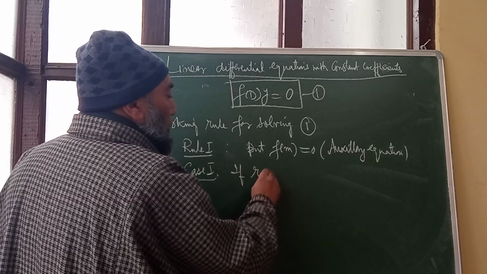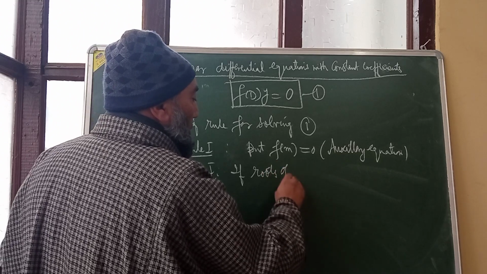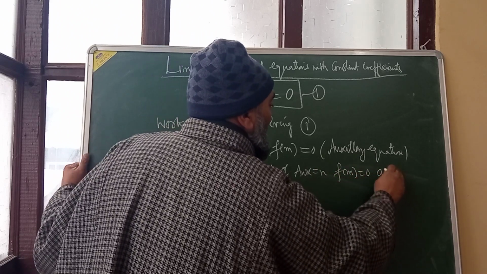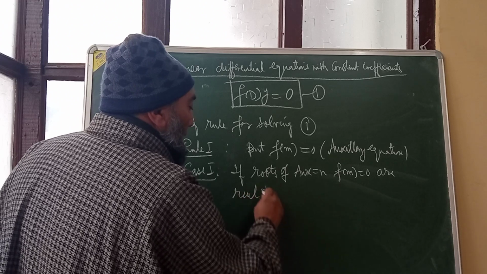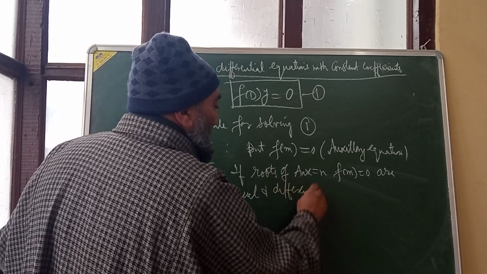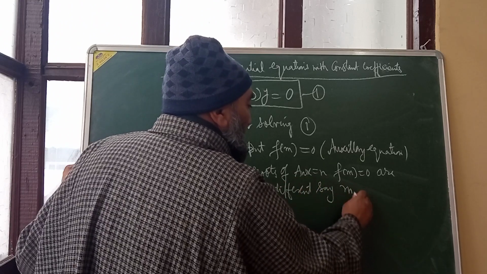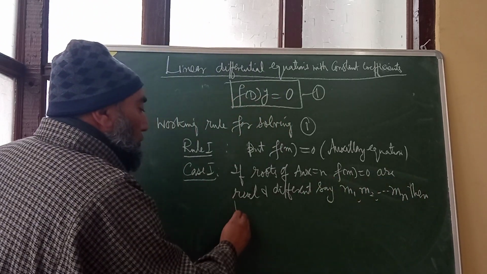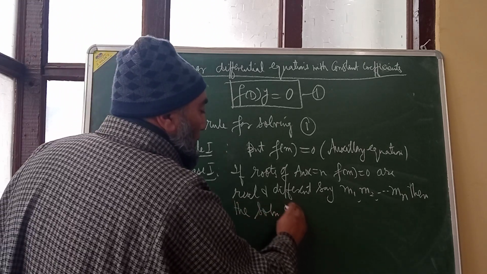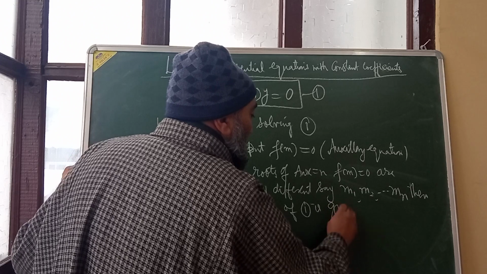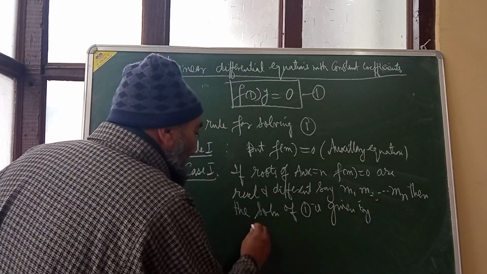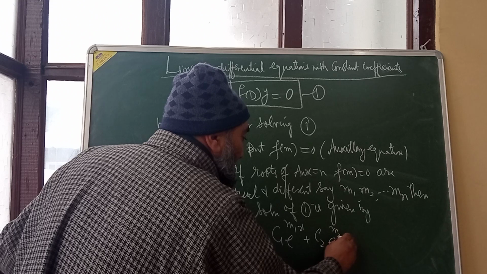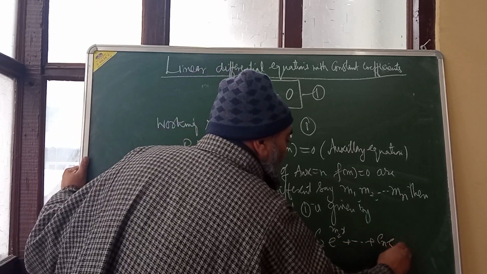If roots of auxiliary equation f(m) equal to 0 are real and different, say m1, m2, so on, mn, then the solution of 1 is given by y equal c1 e raised power m1x, plus c2 e raised power m2x, plus so on, cn e to the power mnx.